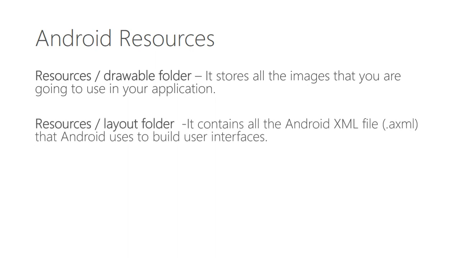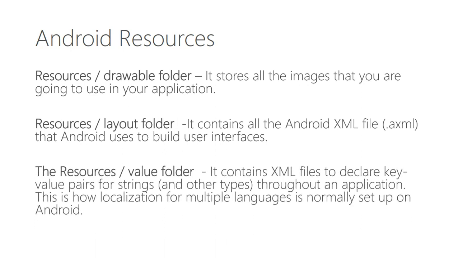Resources/drawable folder. It stores all the images that you are going to use in your application. Resources/layout folder. It contains all the Android XML files that Android uses to build the user interface.